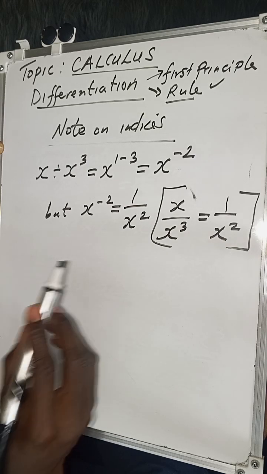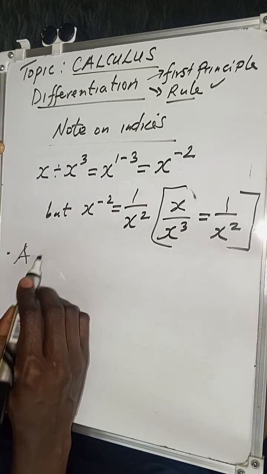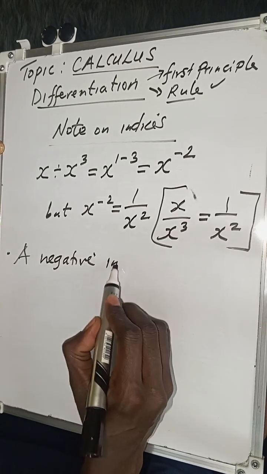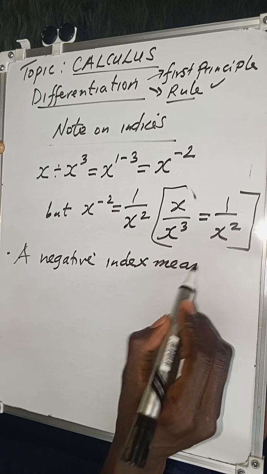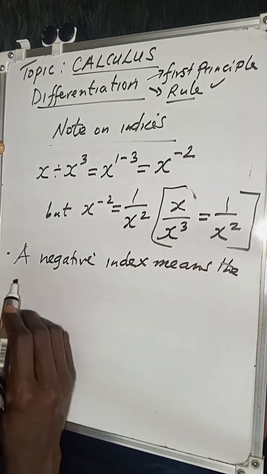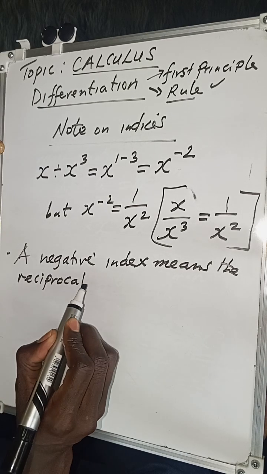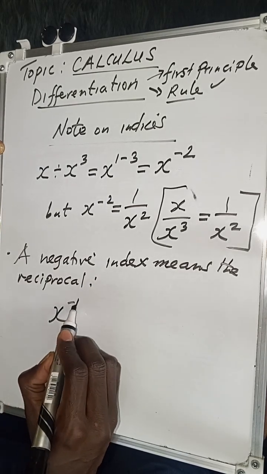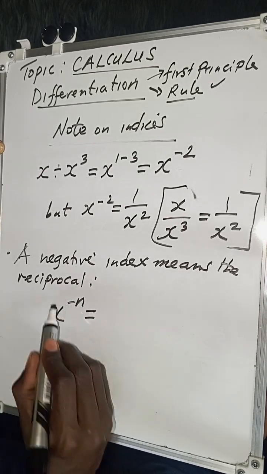So the key concept when you find that is that you need to remember that a negative index means the reciprocal. So if you have x raised to a negative index, then just know that this is going to be a reciprocal.